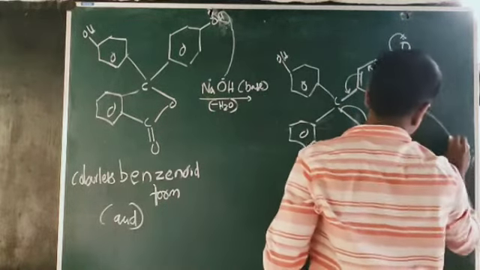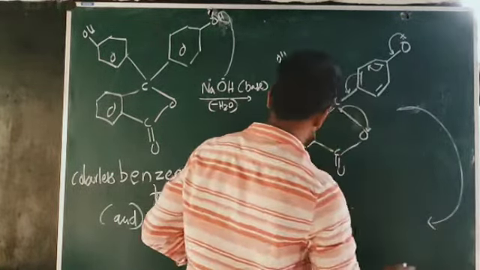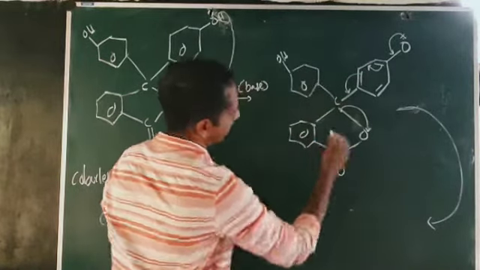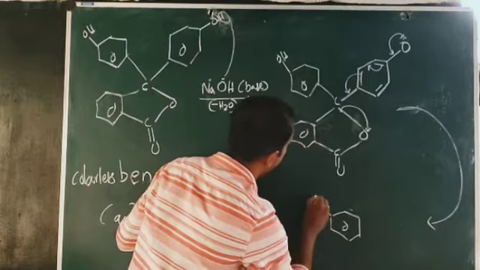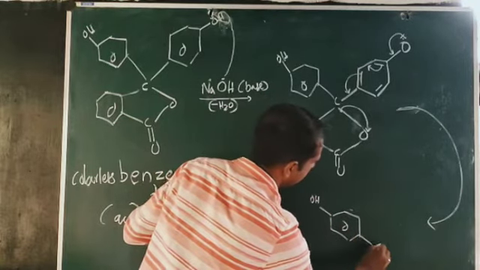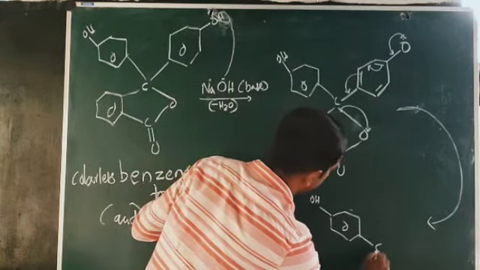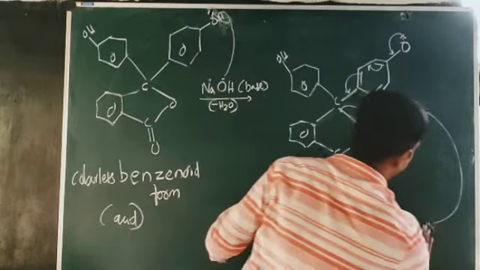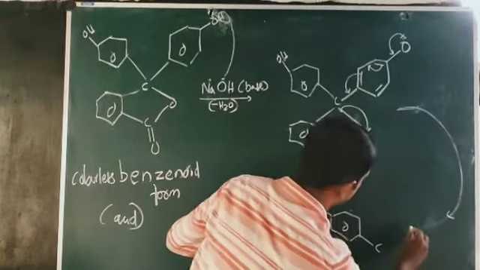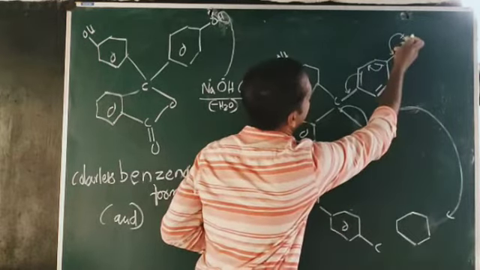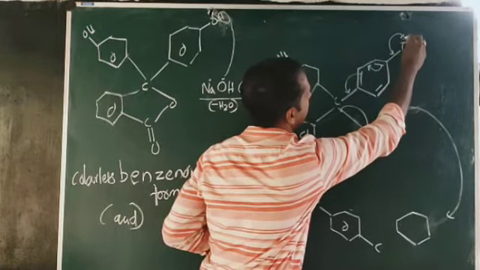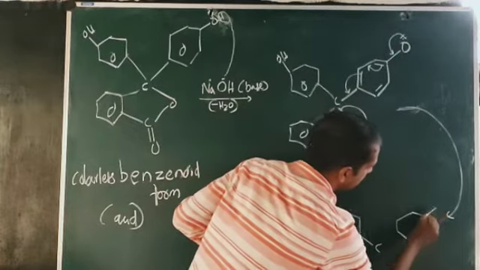So what structure will you get? You are getting a structure like this. Look here, no change. Here it is OH and here it is C, and I am writing the second ring like this. When a pair of electrons is shifting to here, here it will become a double bond.